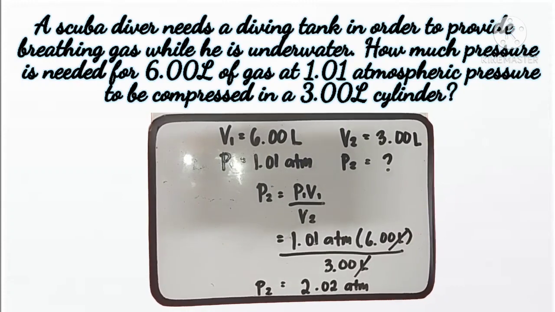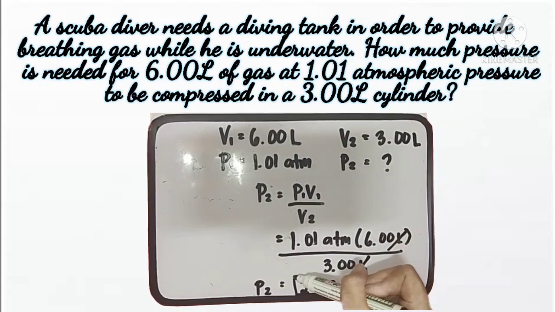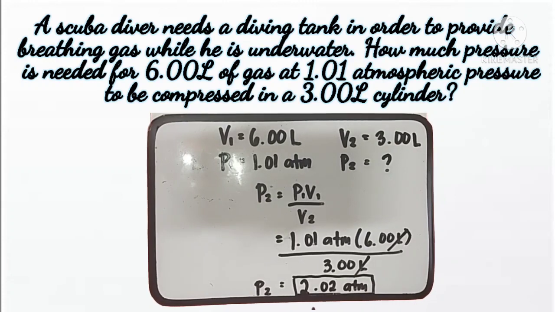Applying the significant figures, our final answer will still be 2.02 since all of the given has 3 significant figures, meaning our final answer must also have 3 significant figures.